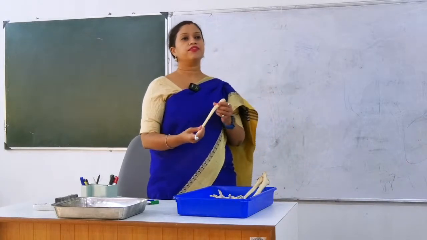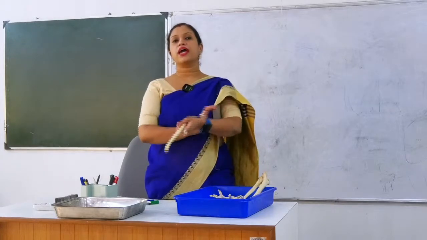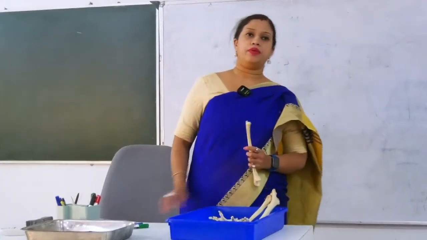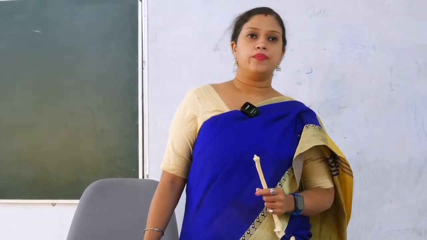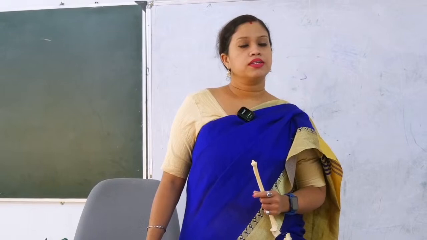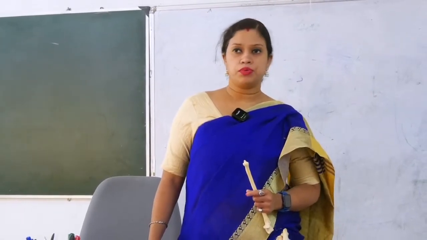Now the next surface is the medial surface. Write it down: medial surface. The medial surface is also known as, what do you call it? This side is the flexor compartment. It is also known as the flexor compartment. So which are the muscles? Already we discussed. Except flexor digitorum superficialis.